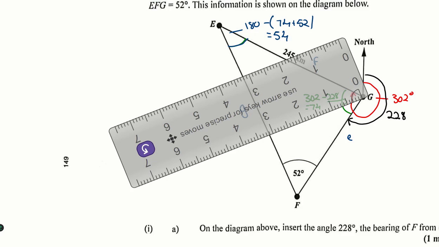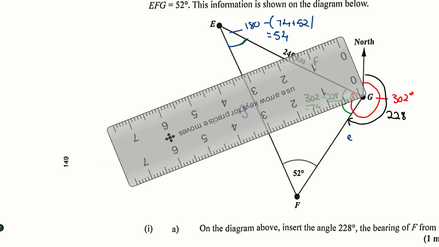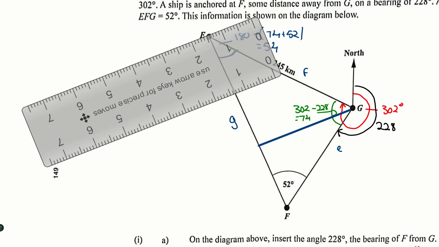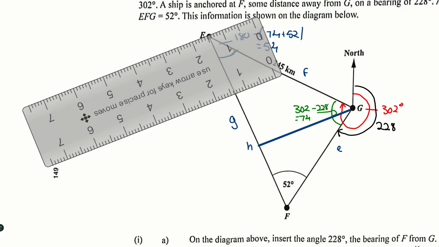So right here. This is where H is going to be located on EF.